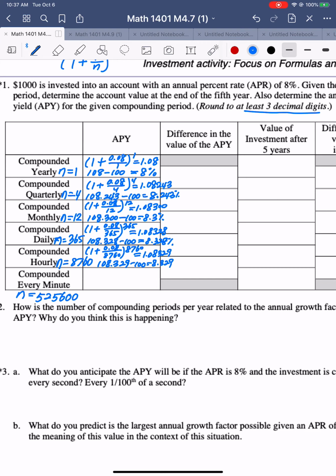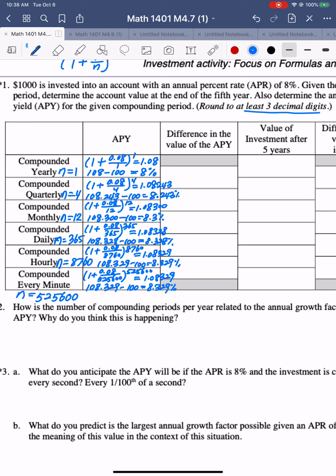And for every minute, 1 plus 0.08 over 525,600, to the 525,600, becomes 1.08329, and 108.329 minus 100 becomes 8.329%. Okay, so that's the percentages.